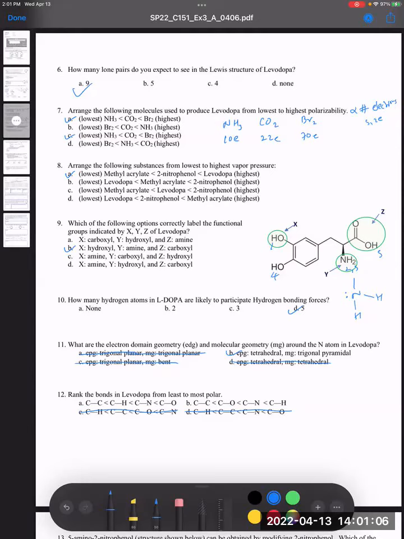Then we have carbon-hydrogen, carbon-nitrogen, and carbon-oxygen. Carbon has electronegativity of 2.5, hydrogen is around 2.1, nitrogen is around 3, and oxygen is around 3.5.